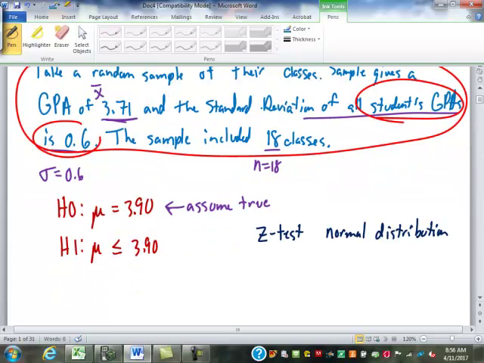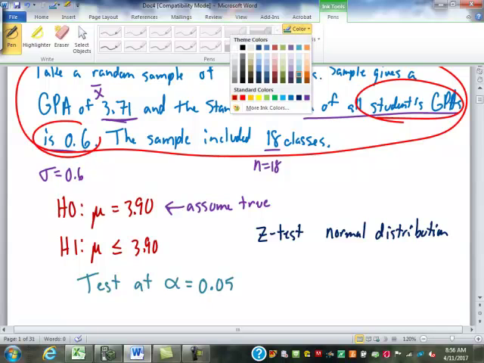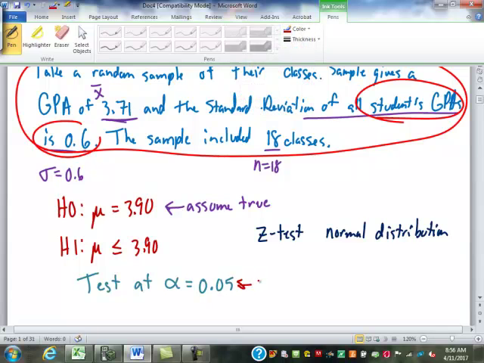So let's say we want to test, and this part you must be given as well, test at alpha equals 0.05. So this is your level of significance, or your significance level.